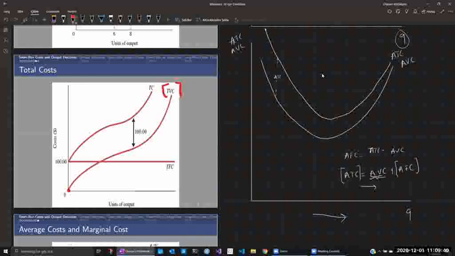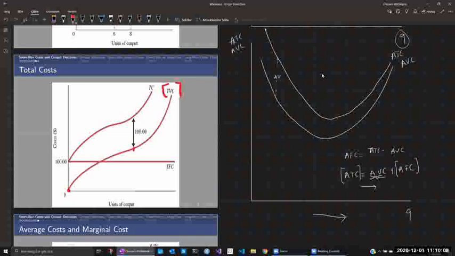And we have seen that the total variable cost is concave up to some point because of the decreasing marginal cost, right? So when the marginal cost is decreasing, then total variable cost has to be concave. And when marginal cost starts to increase, then it is a convex curve, right?